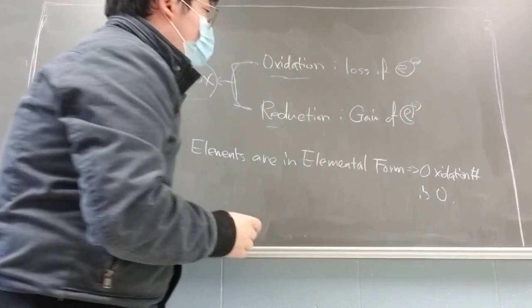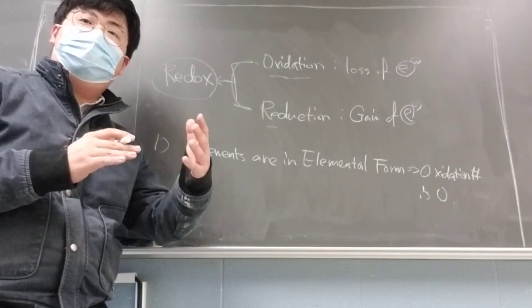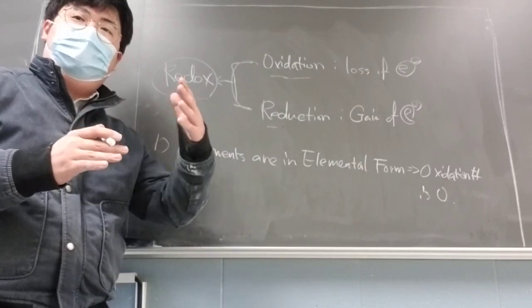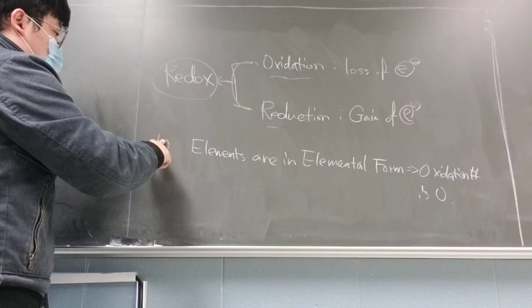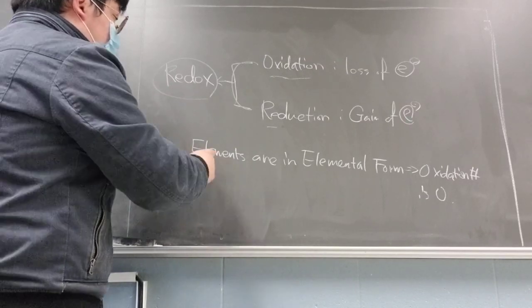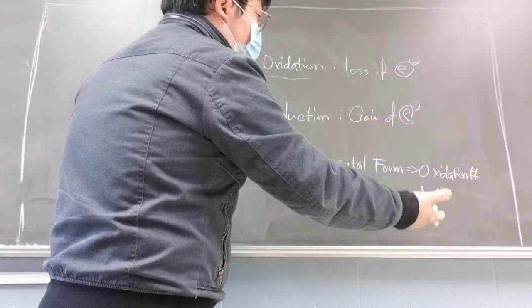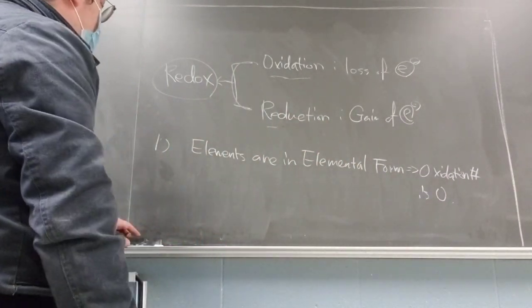Oxidation number is the number we're going to use for finding out if something is being reduced or oxidized, and which part of the redox reaction we're looking at. For now, don't worry about it. Just try to remember this one: elements in elemental form always have oxidation number 0. So this is the first one.